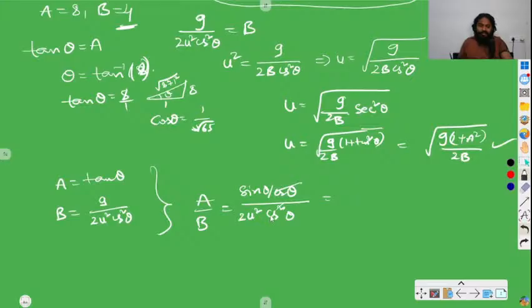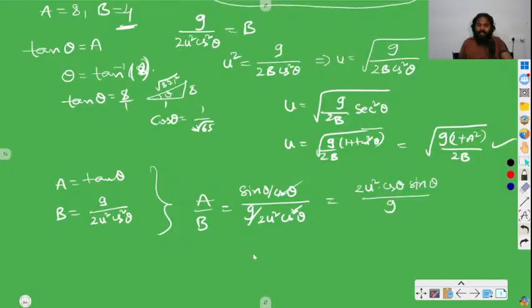What is the b value? g by 2u square cos square theta. Here cos theta gets cancelled. Clear? Now from this you can write, taking these two in the numerator, 2u square cos theta sin theta by g.